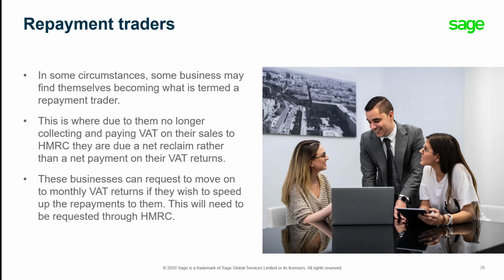So an example of this would be perhaps a subcontractor who is providing a service which falls within the scope of domestic reverse charge, but all of their purchases are materials, therefore outside the scope of domestic reverse charge. Because VAT is still charged on these items, they can reclaim on their VAT return. Businesses that this applies to can request to move on to monthly VAT returns to speed up the repayments to them, but you do need to contact HMRC if you wish to do this.